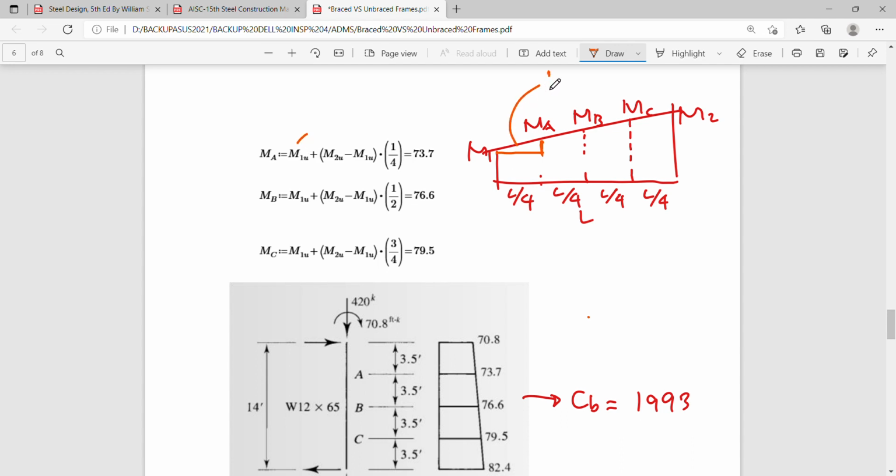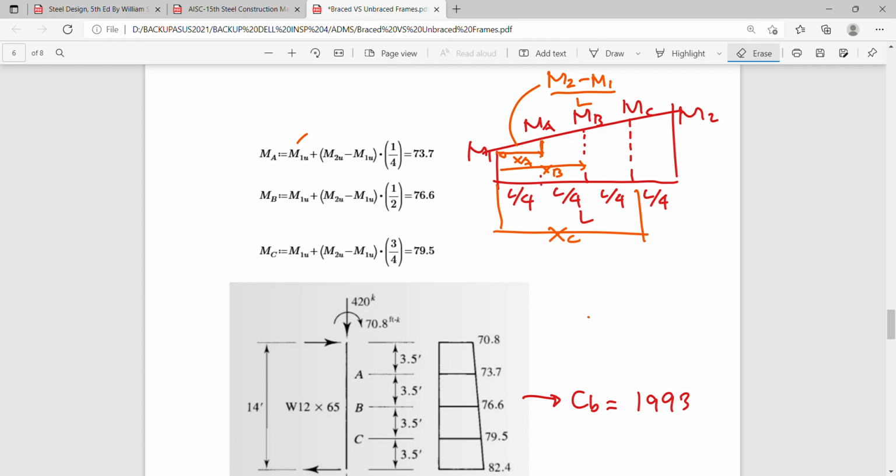Okay, the slope of this is simply M2 minus M1 divided by L. Okay, so if M2 minus M1 divided by L, and I multiply it by the distance, say this is my XA, okay, this is my XB, and this is my XC here, so I don't need the last one because we only have to get the moments at the quarter points.